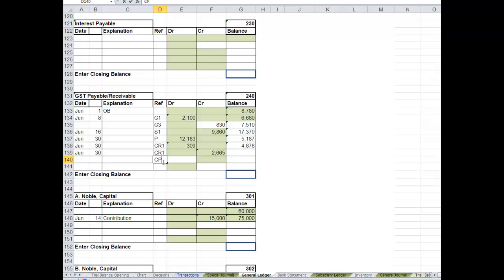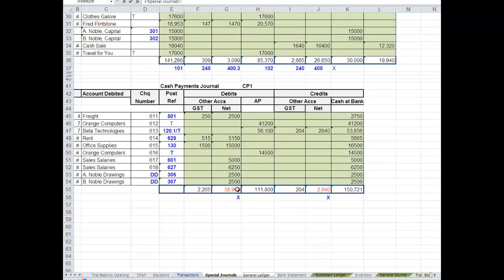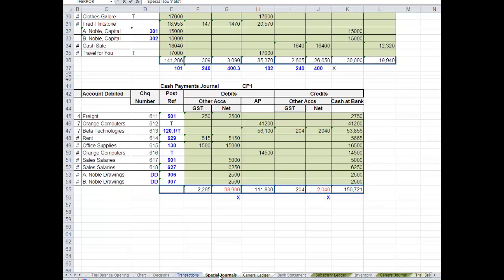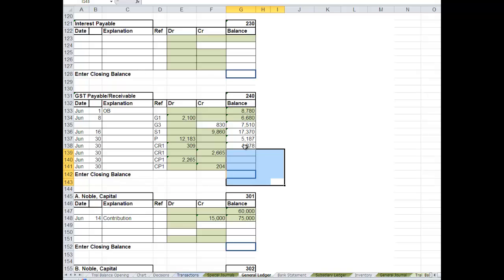CP1, June 30, equals debit GST, and I'll do the other one while I'm here, and CP1 June 30, because there were some discounts involved, equals 204, and fill this down.